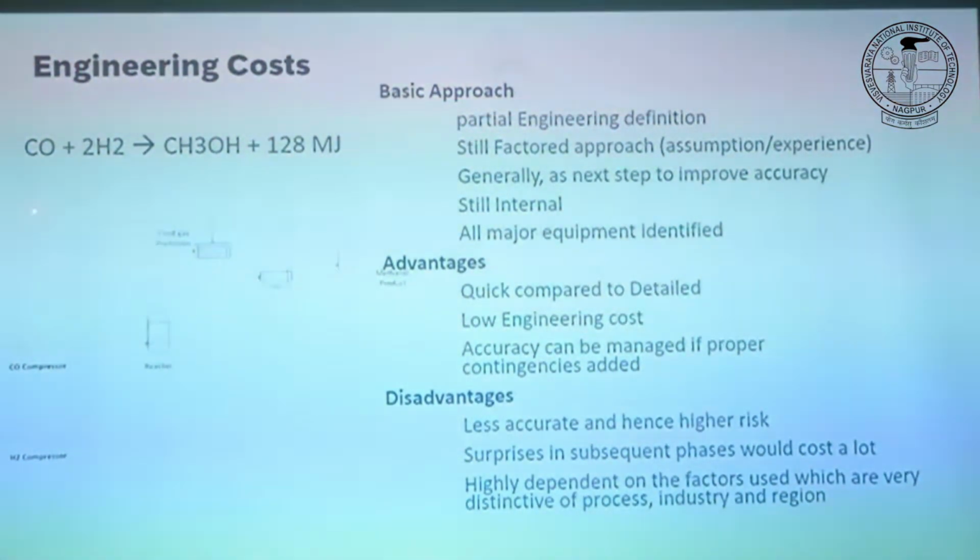If your total capex was 37 million, and out of which this reactor is 20 million, and there is a pump for only 1,000 units, if something happens to the reactor, you cannot produce methanol. If something happens to this pump, you cannot produce methanol.